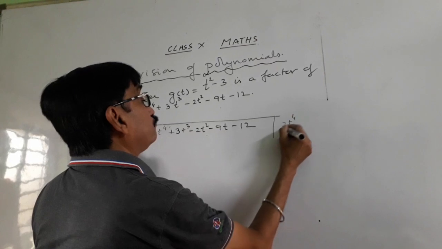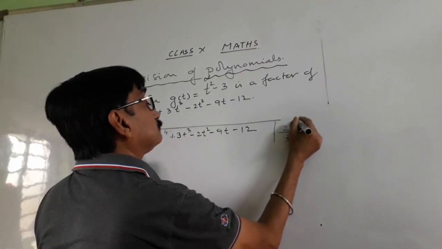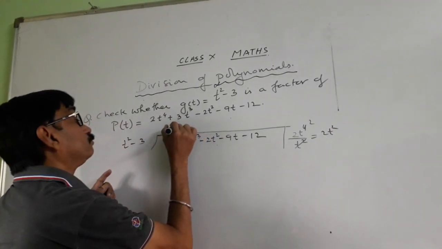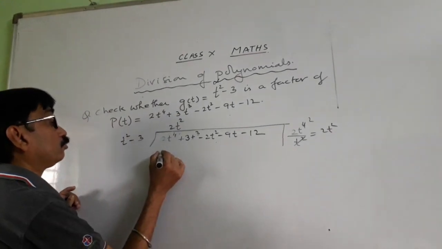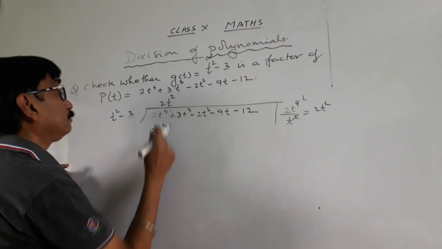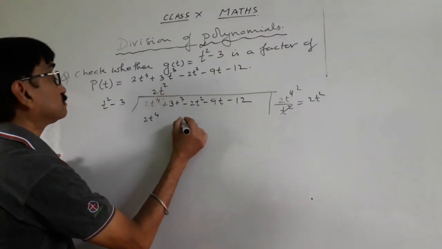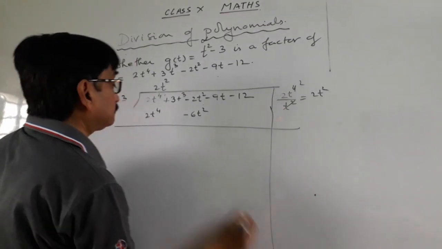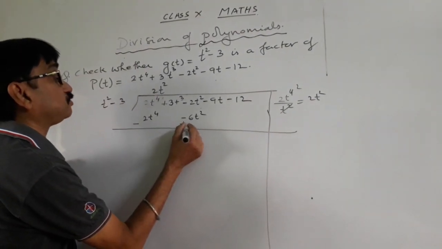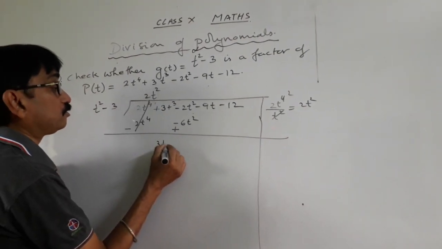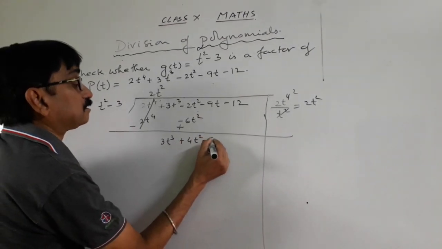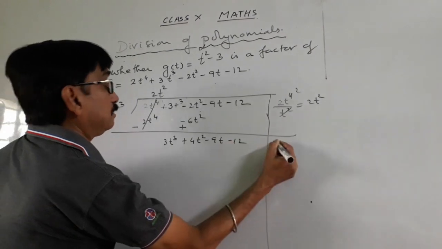2t to the power 4 upon t square gives us 2t square, 2t square into t square, 2t to the power 4, minus 6t square. Subtract, sign change, 3t cube plus 4t square minus 9t minus 12.